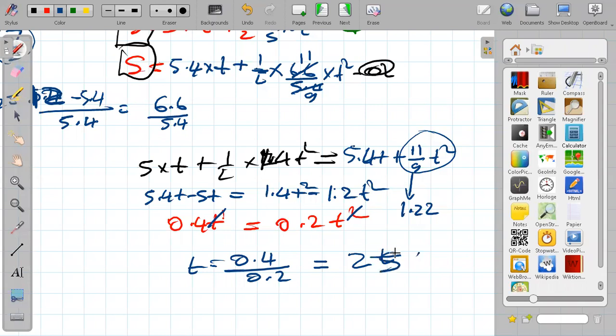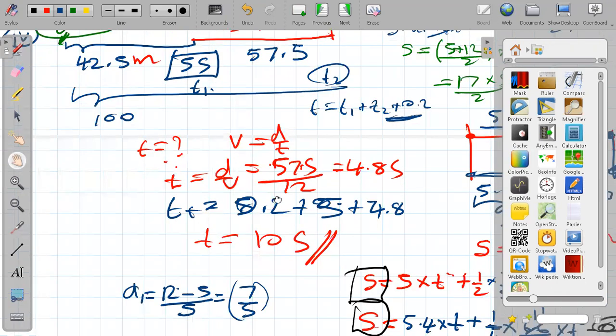Two seconds. He catches him in two seconds. Understood, right? You can find out the time really easily.